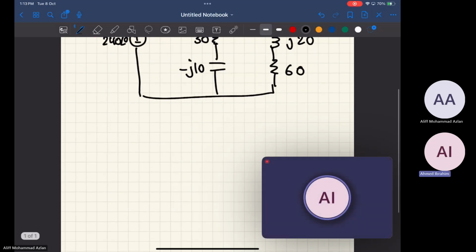Part 1 is asking us to find the average power, reactive power, and apparent power, as well as complex power for the source.